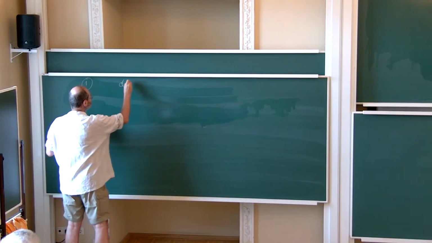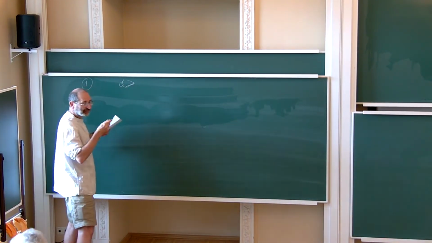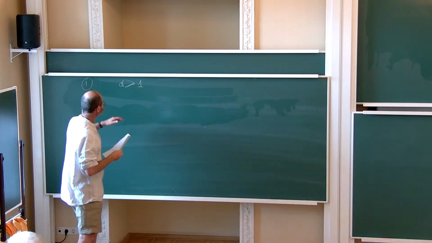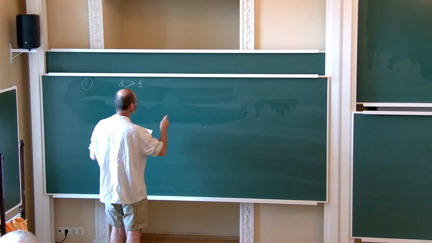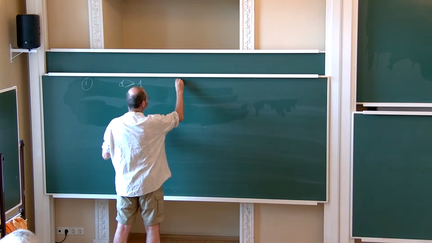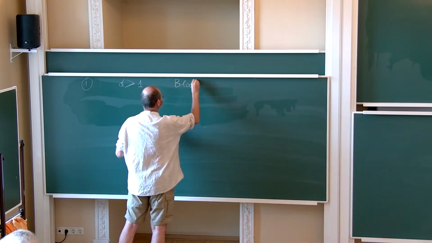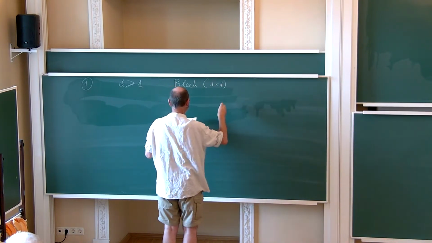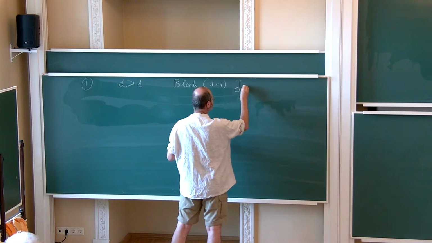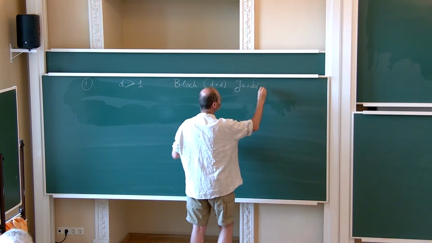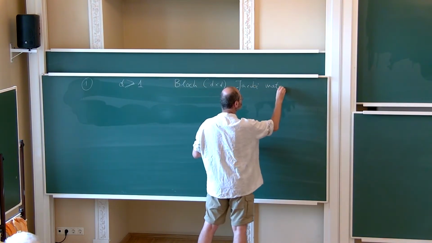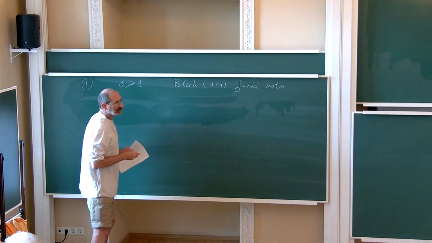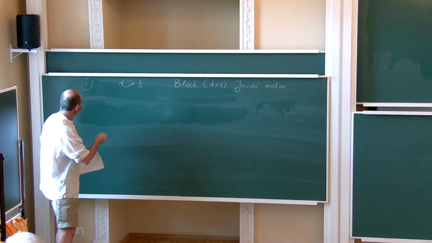We assume that this is the dimension of blocks, D, is 1 or bigger. So we consider a block D by D Jacobi matrix first. In some sense this is just a formal object.